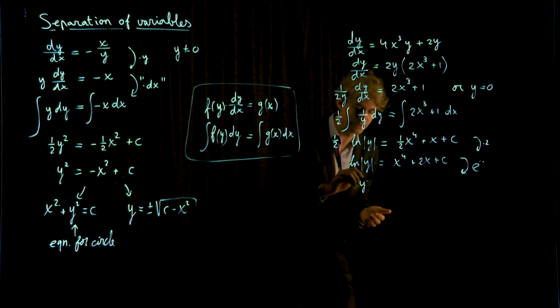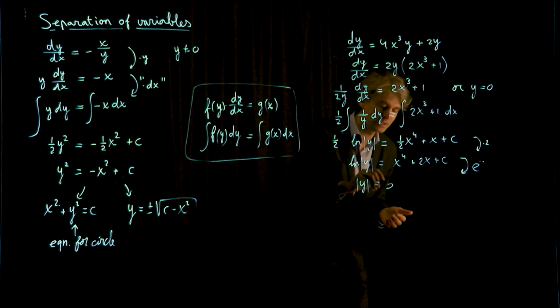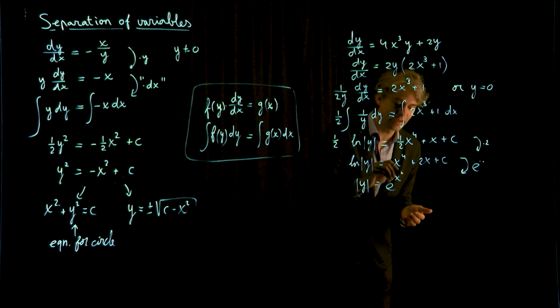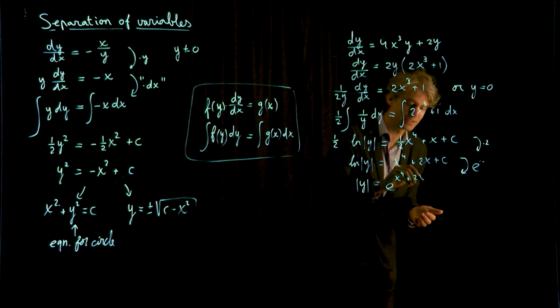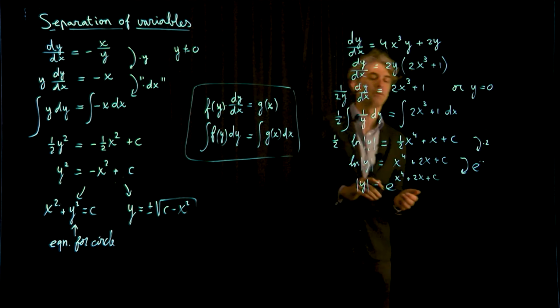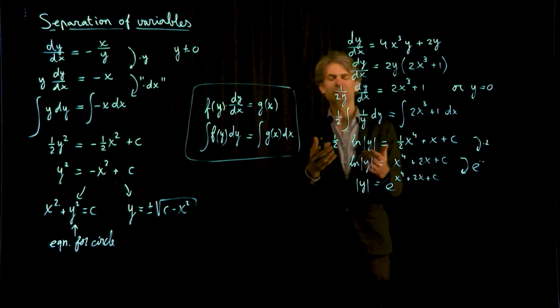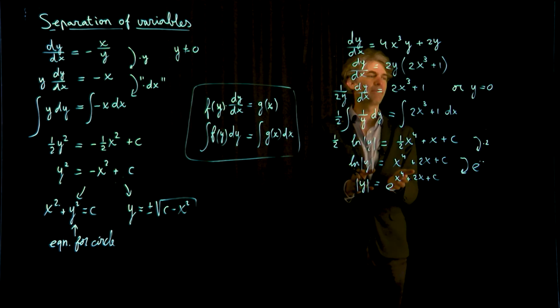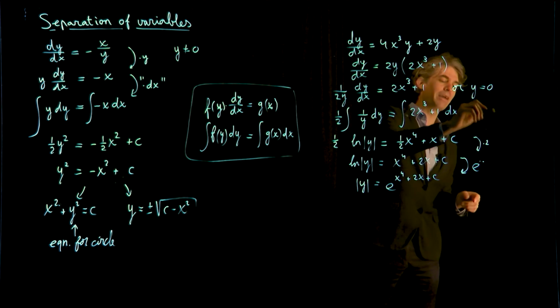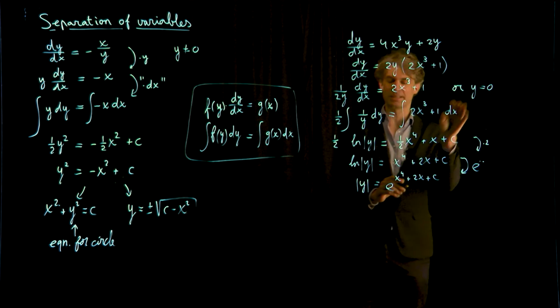So I get the absolute value of y equals e to the power x to the 4th plus 2x plus the constant. And now there's a little subtle reasoning about exactly what y can be. Remember, all this time we also had the option of y being 0.